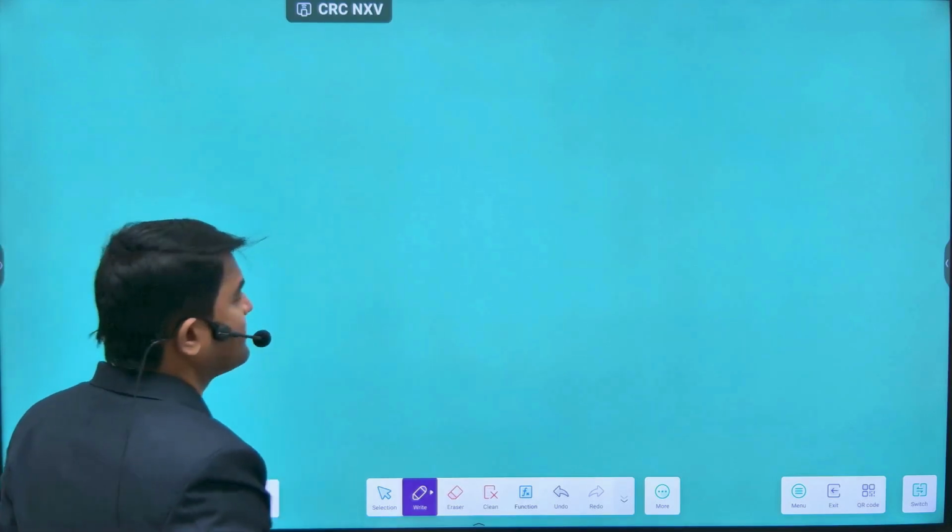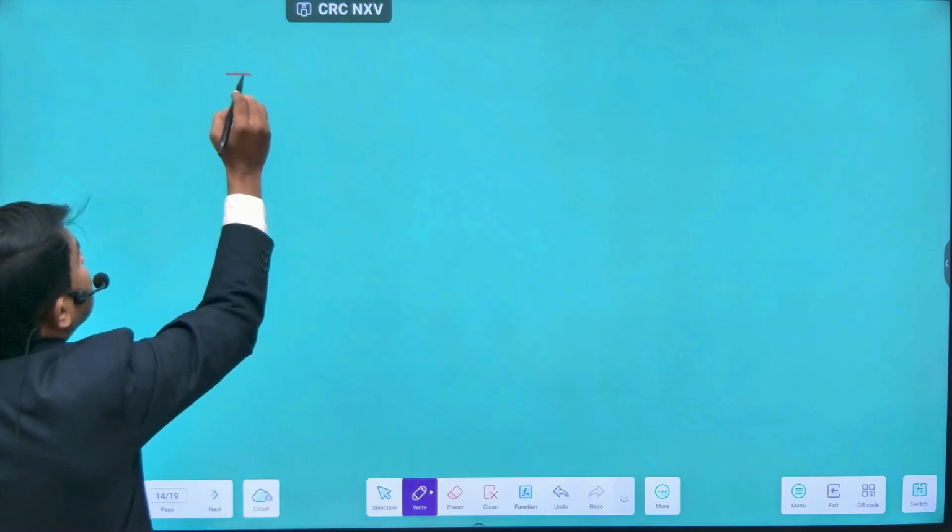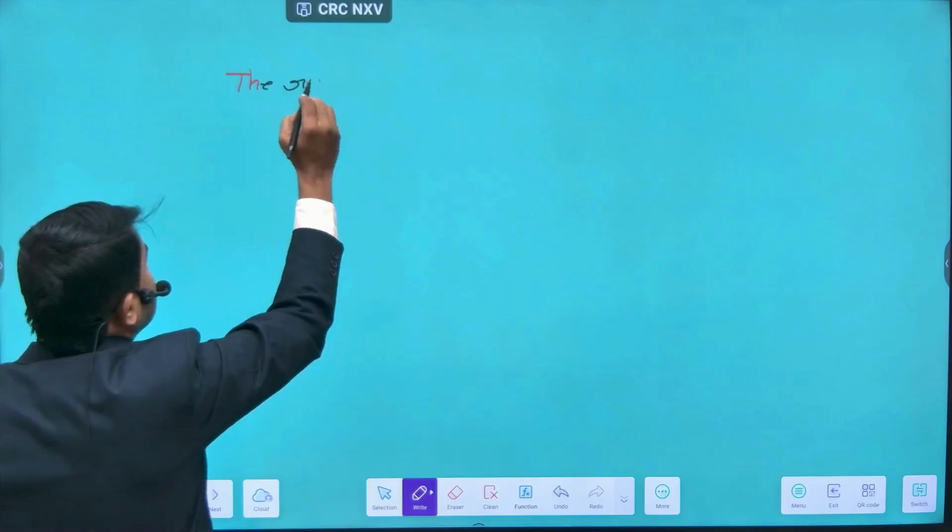The next step is to find the resultant stress, and this is very, very important.